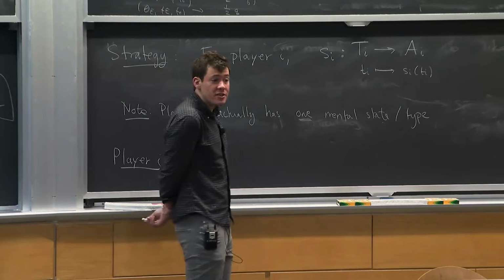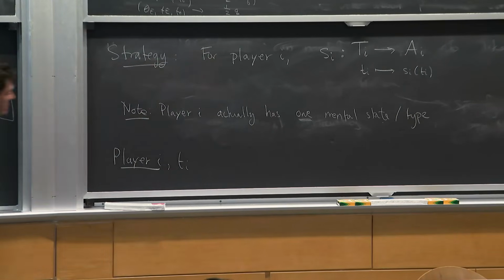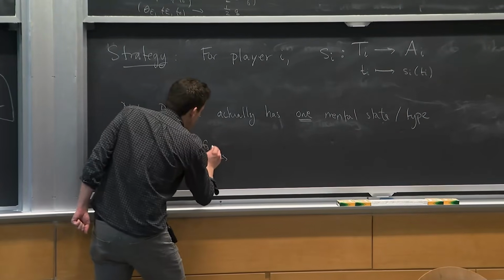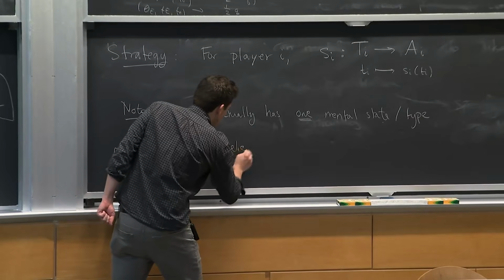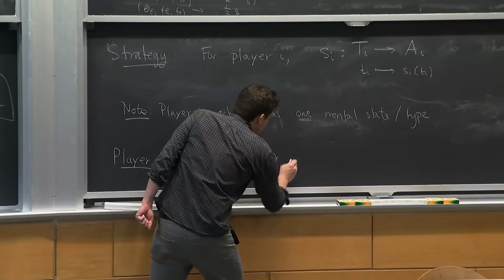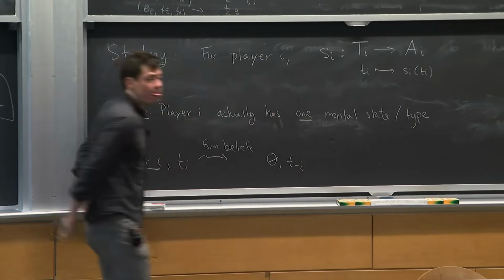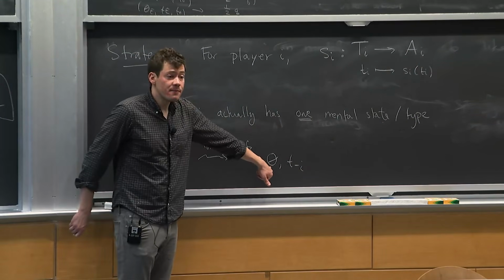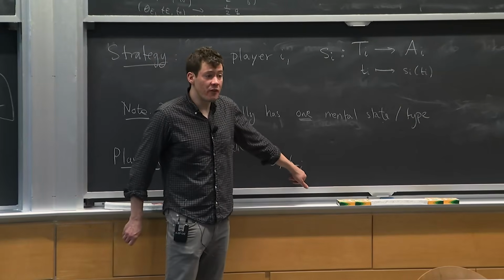I have to decide what action to take. But the action for me is going to depend on a lot of other things. So the first step is I need to form beliefs about theta and about T negative I. I need to form beliefs about the state of nature theta and about the types of other players.